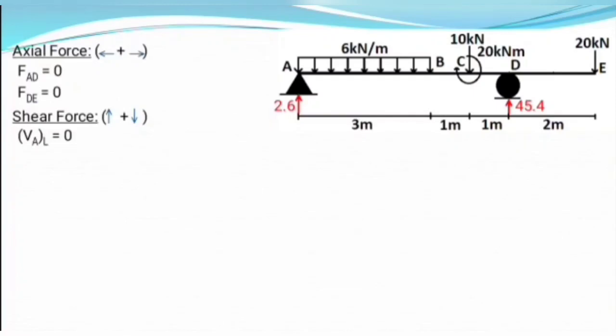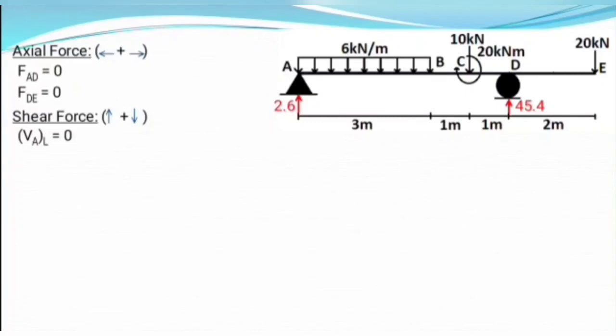So first we need to calculate shear force at just left of A. We do the summation of all the forces on left of that point, but there are no forces on the left of that point, so shear force at just left of A is equal to 0.